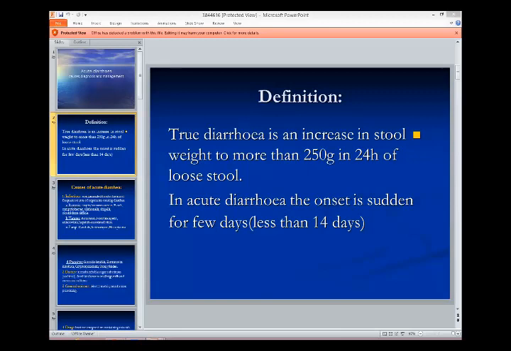Self-limiting illness doesn't require any treatment. Cipro is the main drug for Shigella, Salmonella, Campylobacter and E. coli. Doses can be different. For parasitic infection, you give metronidazole.